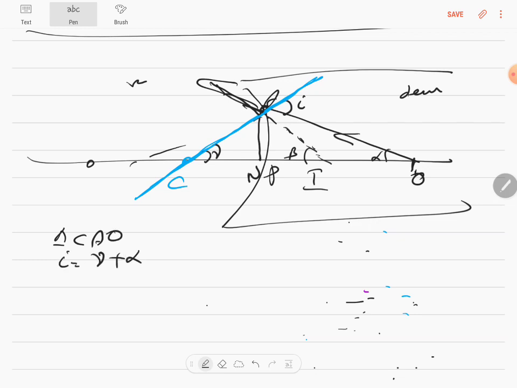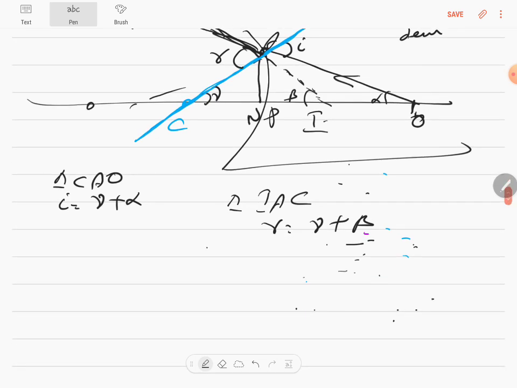Then locate another exterior angle with r. Where is the refracted angle? Here, which is making an angle r here. Can you see that in triangle IAC, r is an exterior angle, gamma plus beta? Correct? Then you can write i to be tan gamma plus tan alpha, r to be tan gamma plus tan beta.